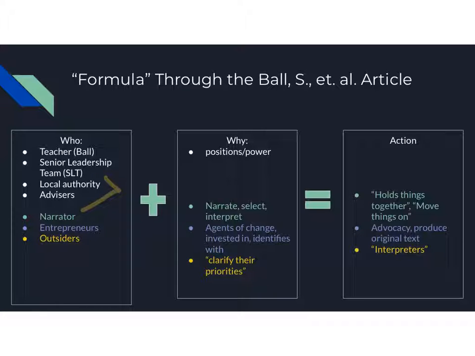That local authority and the advisors really is what is being talked about with the outsiders here. And so again, their priority and their interpretation is all going to fit together.